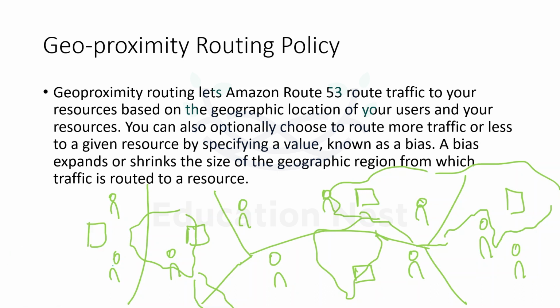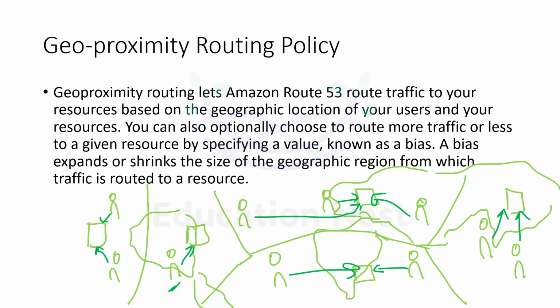All the requests generated by these two users would go into the region where they are. The user generating traffic from here would go to this particular environment. These three users would go to this environment, these both users will go to this, and these two users will go here.